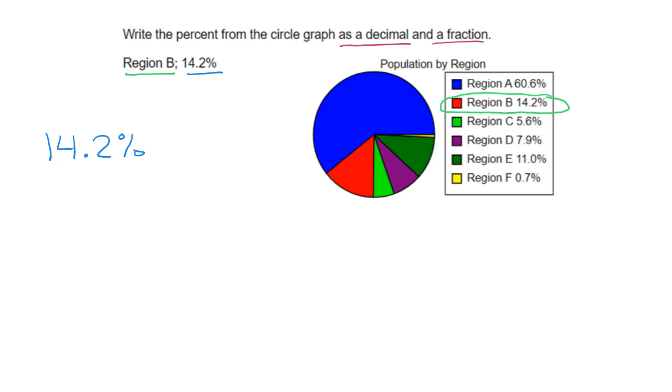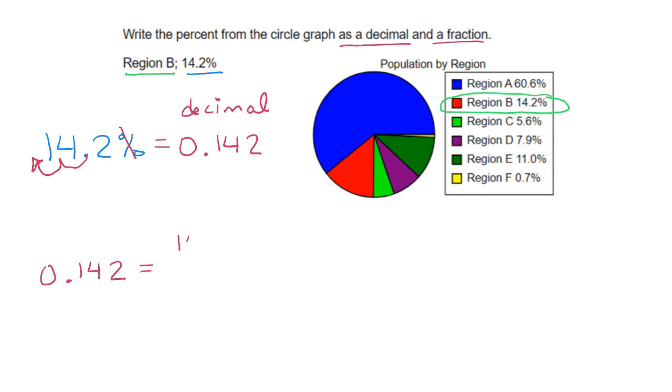All right, so we're going to take this, drop our percent symbol, and move 2 places to the left. The decimal form is now 142 thousandths. I'm just going to write this down as decimal. Then I'm going to take my decimal form and rewrite this into a fraction. So this is 142 thousandths.